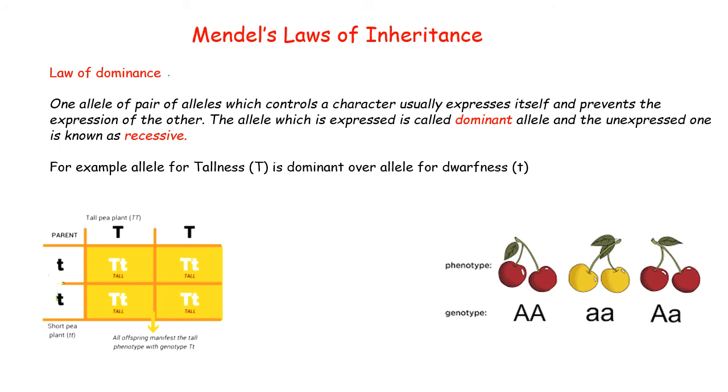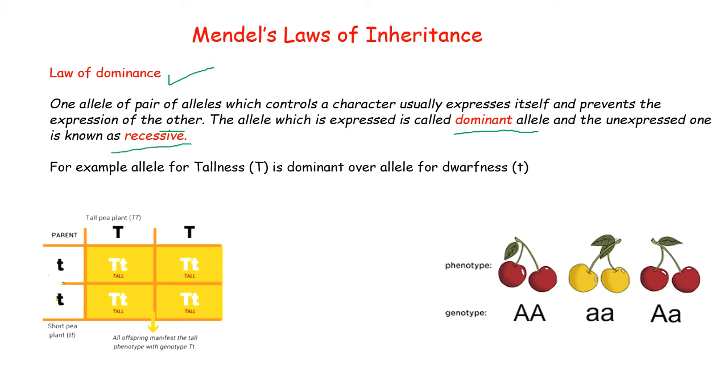Now we have the law of dominance. The law of dominance states that one allele of a pair of alleles which controls a character usually expresses itself and prevents the expression of the other. The allele which is expressed is called the dominant allele, and the unexpressed one is called the recessive allele.